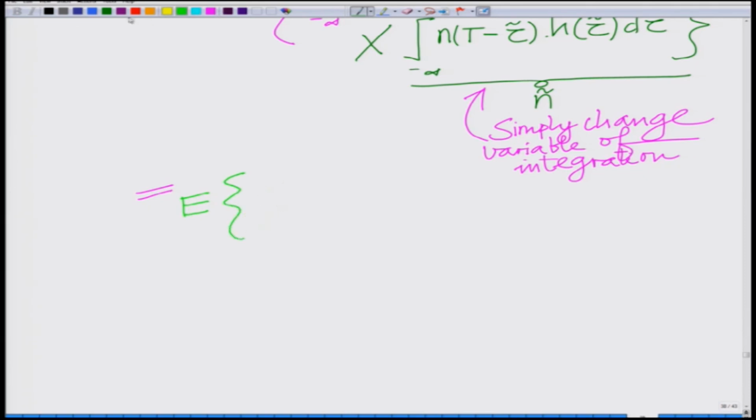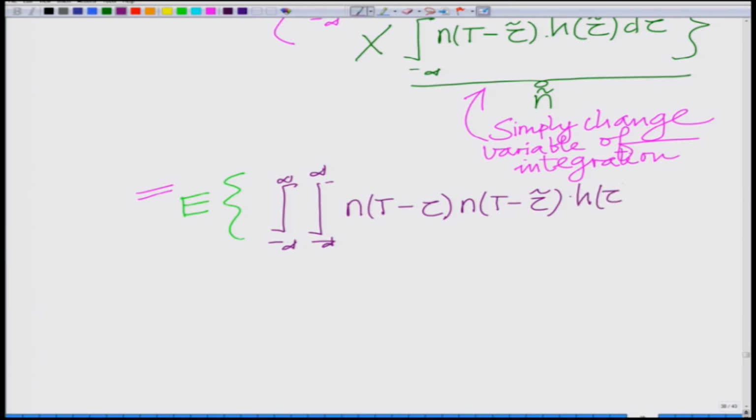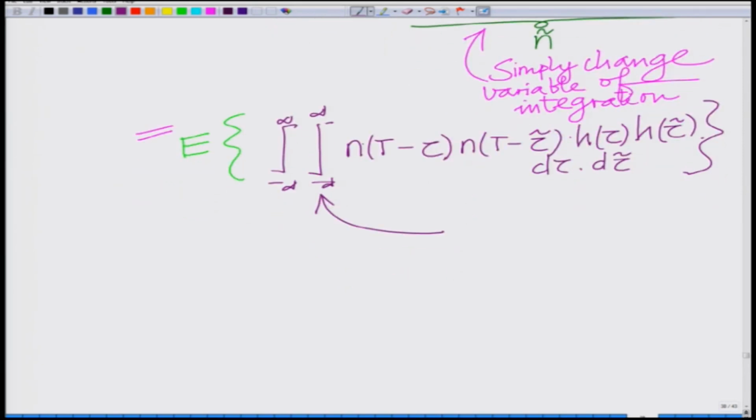I can write this as the expected value of the integral from minus infinity to infinity, and again from minus infinity to infinity, of n(t minus tau) n(t minus tau tilde) h(tau) h(tau tilde) d tau d tau tilde. I am bringing both the integrals together, clubbing the integrals, evaluated as a double integral.